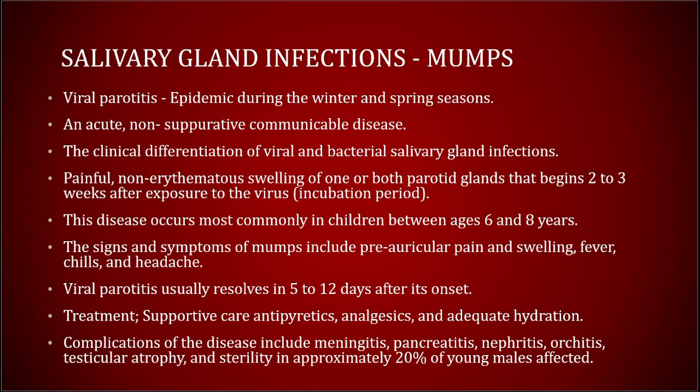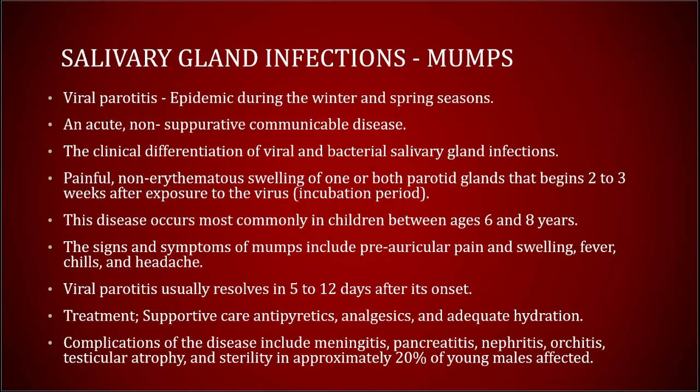Now, viral infections, or viral parotitis, it's usually epidemic in kids, the mumps, in winter and spring seasons. Now, it's an acute non-suppurative communicable disease. Now, if it's a bacterial infection of the salivary glands, usually there will be pus, there will be a raised white blood cell count with neutrophils being higher.